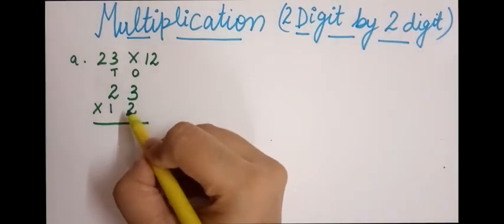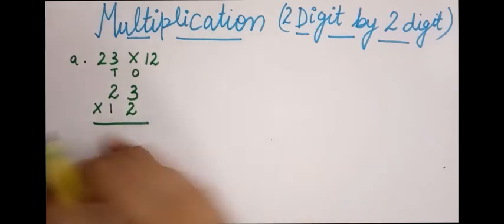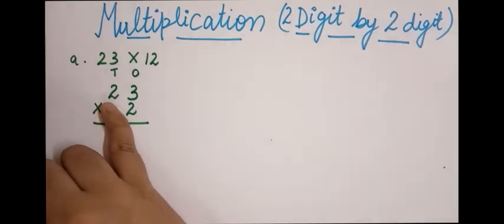Now after this we'll be multiplying 23 by this 2. First we'll not look at this 1. We'll be just multiplying 23 by 2 like we do in 2 digit by 1 digit multiplication. In the previous video, I showed you how we can multiply 2 digit by 1 digit.